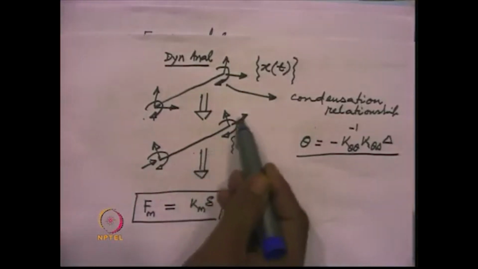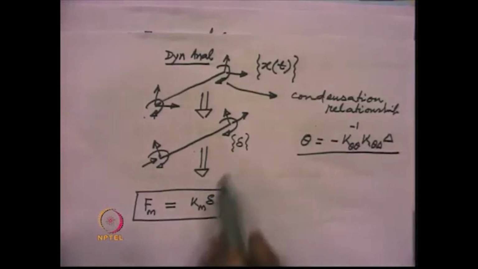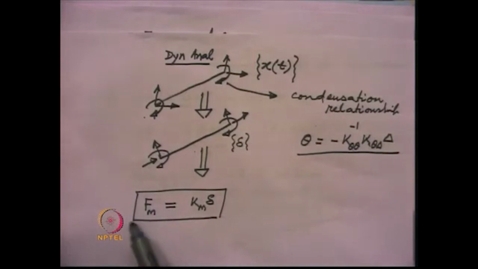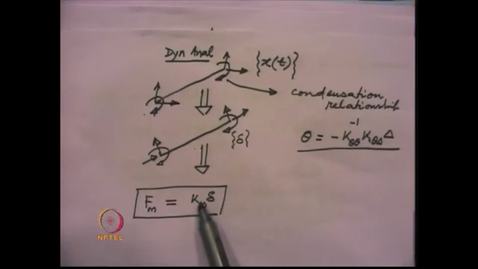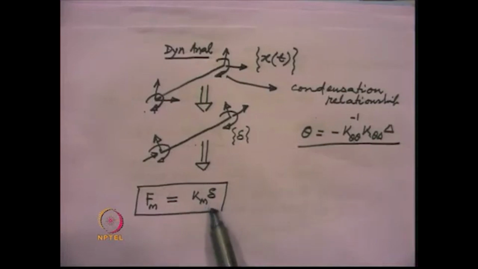Once we get these displacements and rotations in the local coordinate, which is called the delta vector, then the member end forces, the internal forces, can be written as Km into delta, where Km is the member stiffness matrix in the local coordinate and delta are the displacements at the two ends of the member in the local coordinate.